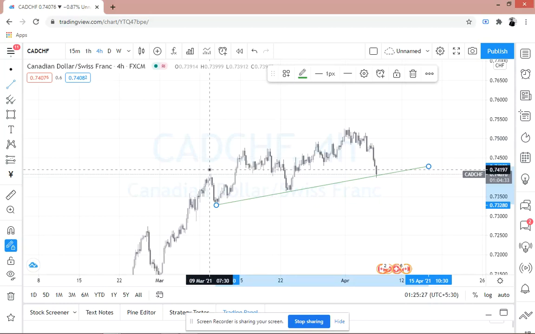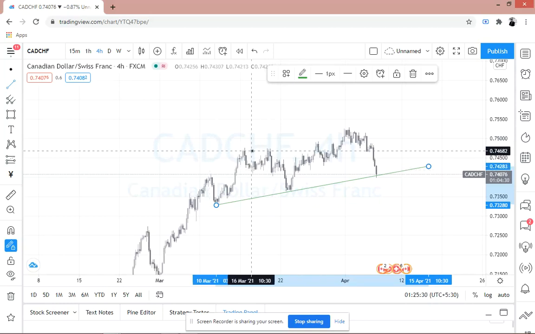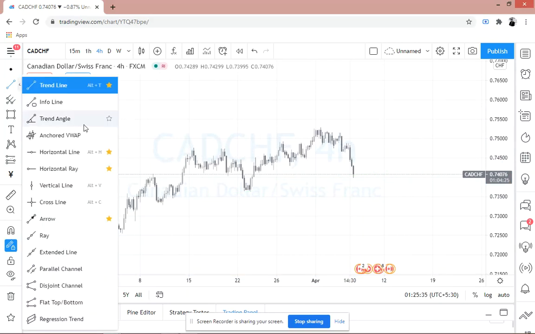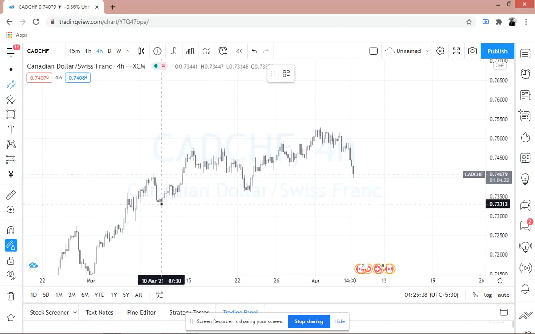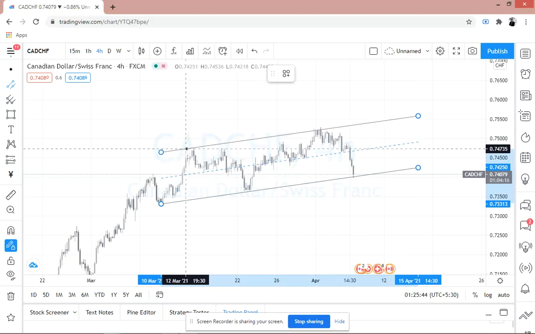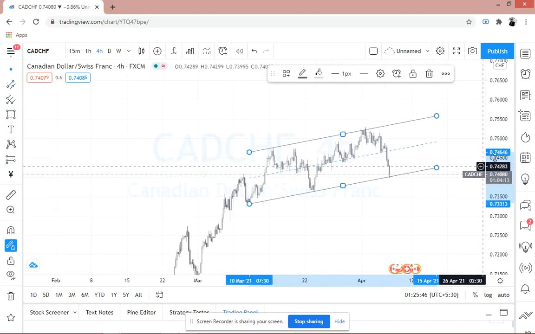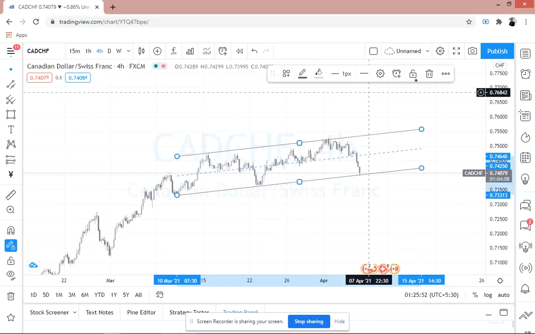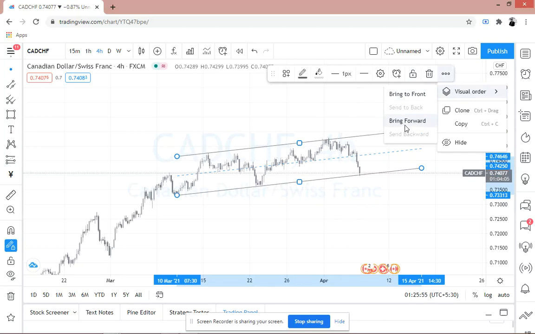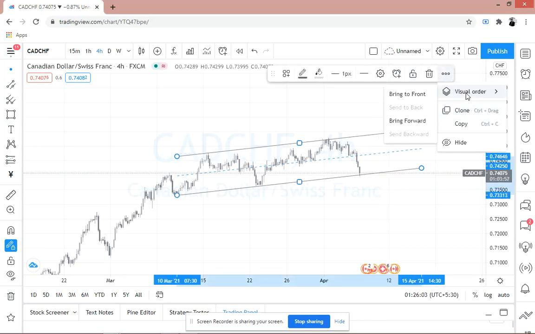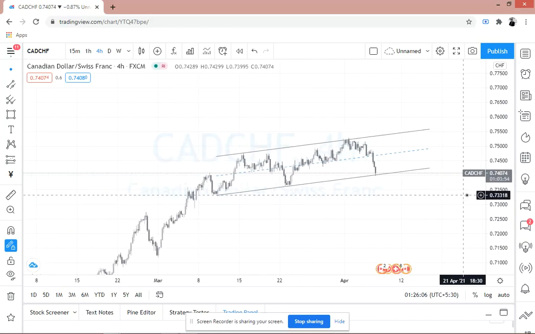We have some sellers at this area. Here you can see the trend is up, so I think we should better go with the trend.